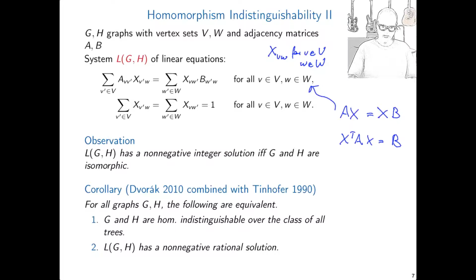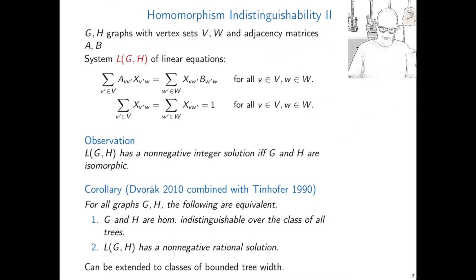So, non-negative integer solution corresponds to isomorphism, or homomorphism indistinguishability over the class of all graphs. Rational solution corresponds to homomorphism indistinguishability over the class of all trees. And actually this can be extended to classes of graphs of bounded tree width and the higher dimensional Weisfeiler-Leman algorithm.